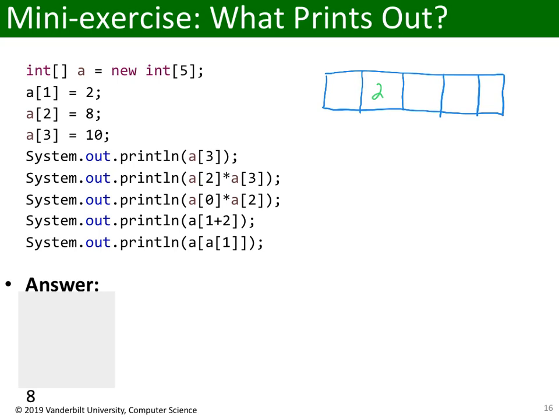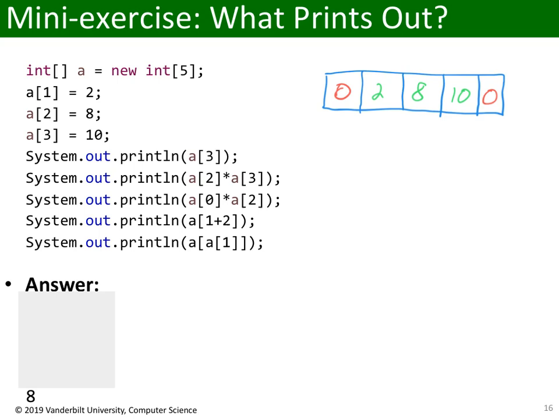Then in element 2 we'll store the value 8. Then in element 3 we'll store the value 10. What value is stored here and here? When we create the array, every value is initialized to 0. We only modified the 2 middle values, so both the beginning element 0 and the ending element 4 have a value 0.